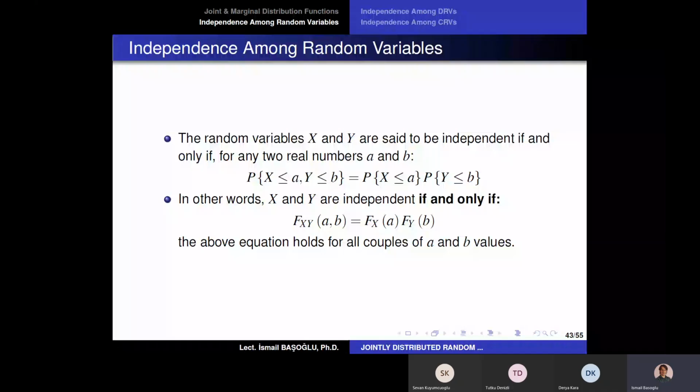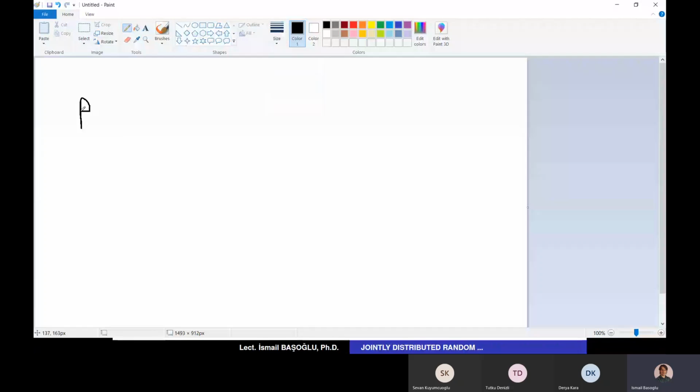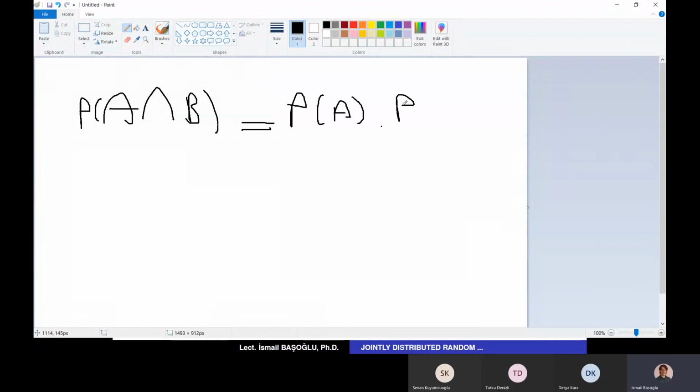Now, remember, we could have defined the independence statement like this, right? If you remember, chapters ago, we defined the independence statement between two events. We say that two events are independent if and only if the intersection probability is equal to the product of the individual probabilities.